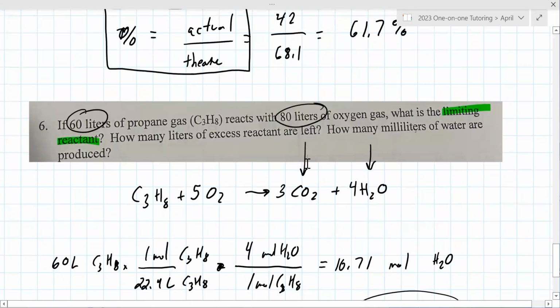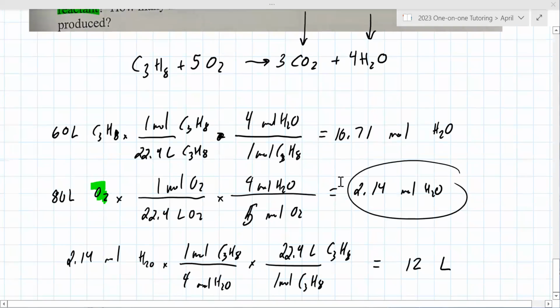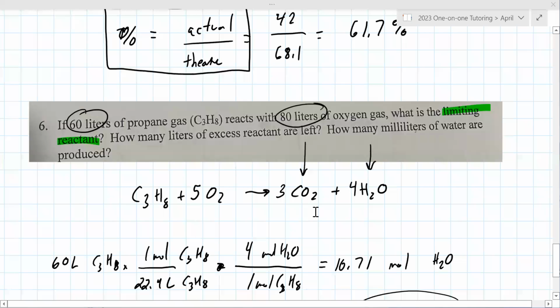Why would that be? Okay, so some thoughts here as we close out: they're not telling you which one is the excess reactant, and you have to decide that. And I don't remember why you can't just choose one.